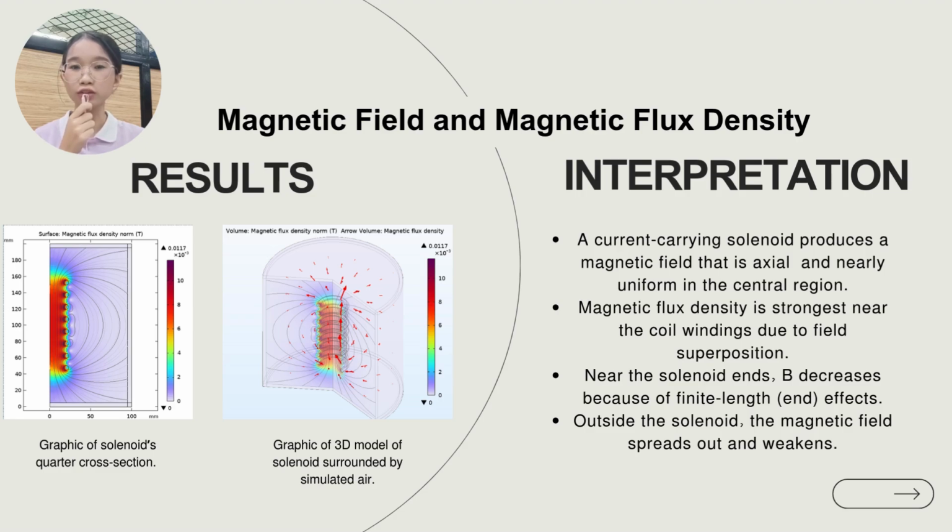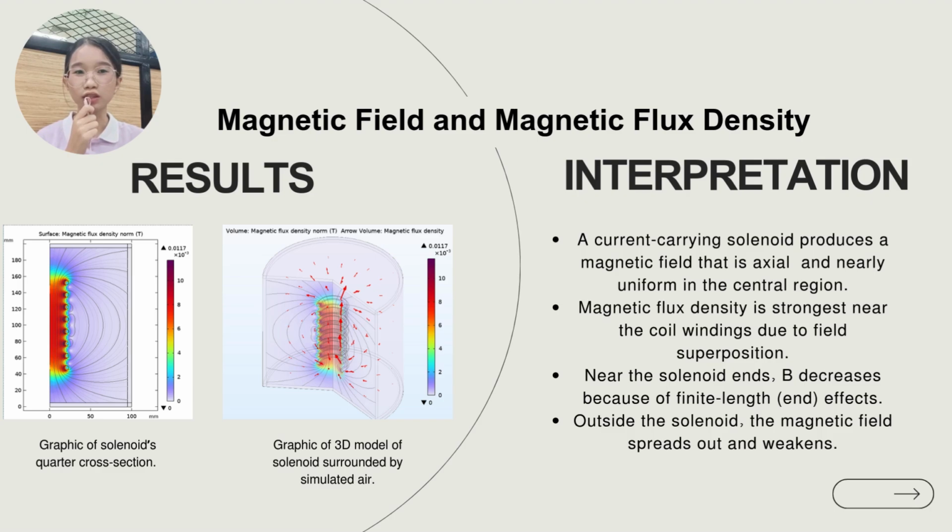When current flows through a solenoid, it produces a magnetic field that is mainly axial, meaning it points along the length of the solenoid. For this reason, we focus on the Z component of the magnetic flux density, Bz, which is measured using a virtual Hall probe.